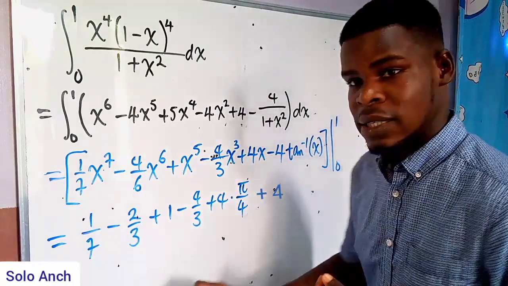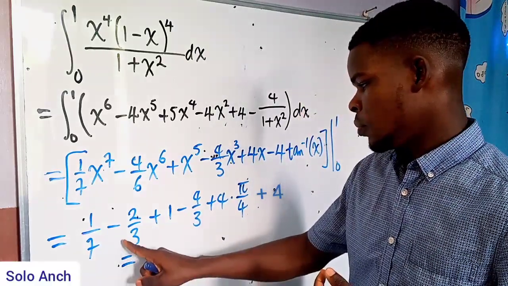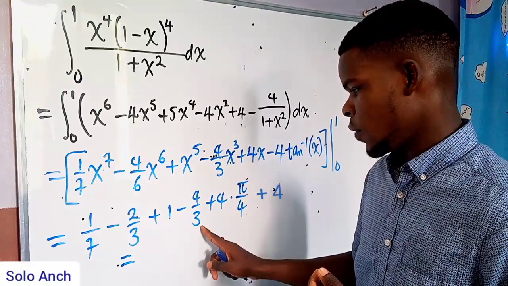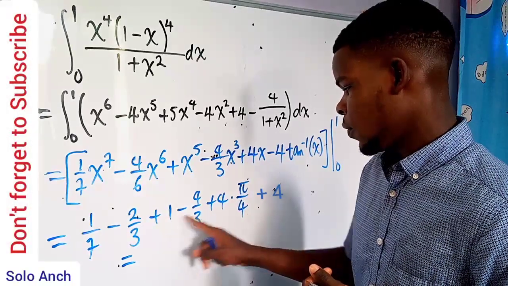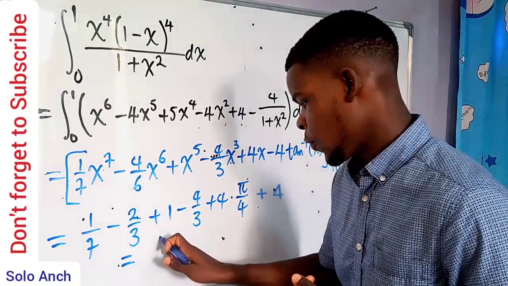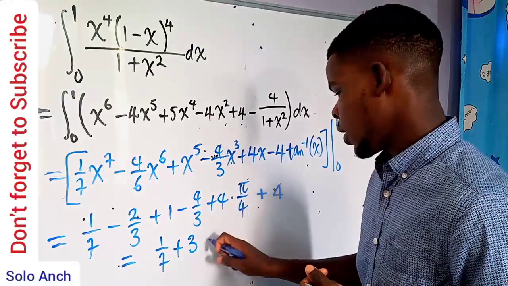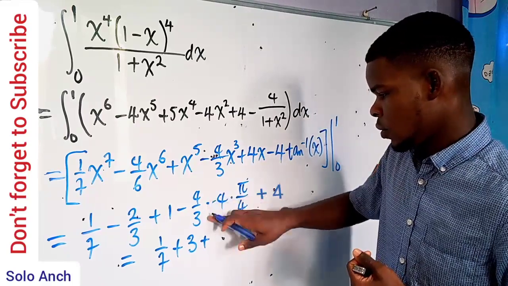Now you notice that negative 2/3 plus negative 2/3 minus 4/3 will give us negative 2. Negative 2 plus 5 will give us positive 3. So we have 1 over 7 plus 3. Then, let's see, this is minus, sorry about that.